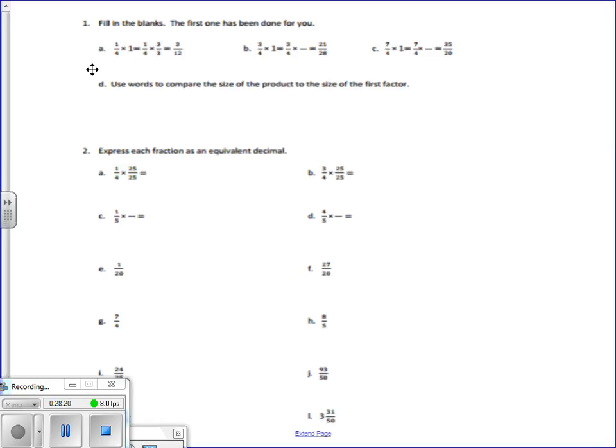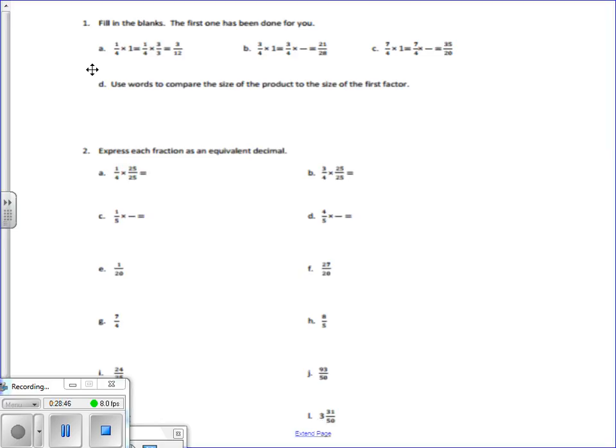So on B, they've got 3/4 times 1, and then they've got 3/4 times a blank, because they want to know what fraction would go in that blank that would be equal to 1 and make your final fraction equal to 21 over 28.